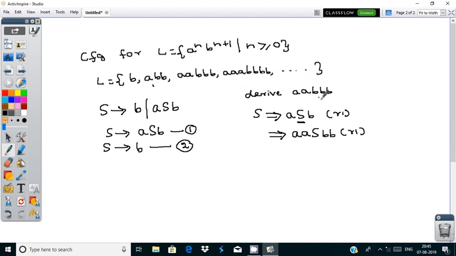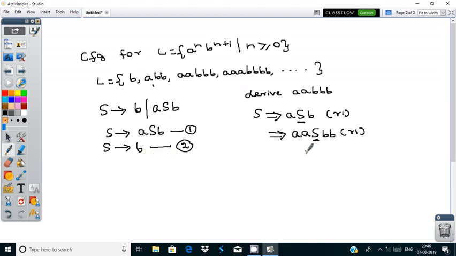Now you have 2 a's and 2 b's, and finally this S has to be replaced. If you want to replace S, there is only one option, rule number 2.